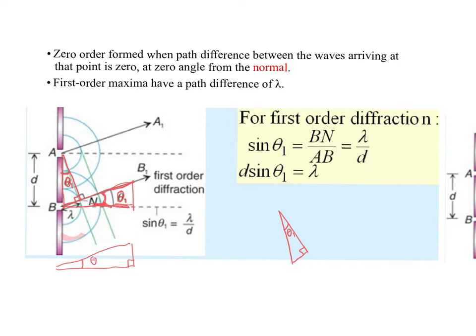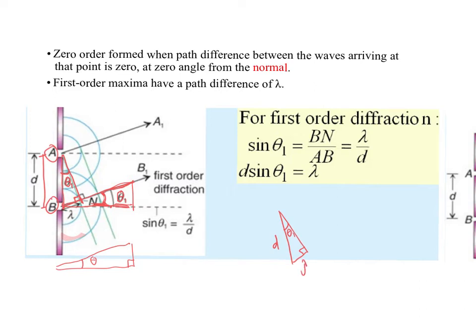And we know that this distance between A and B is the distance between the slits. By the way, you don't need to know this proof, it's just if you're interested in it. So that distance A to B is d, and the distance here to here is equal to 1 wavelength.